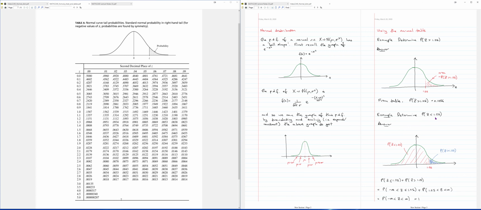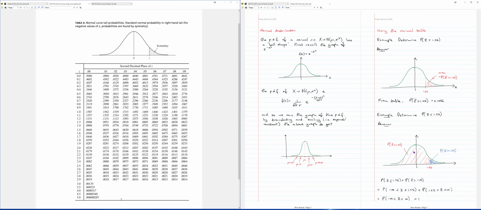You draw your standard bell shape, put your 1.25 in as it is across here, but now that you want z less than 1.25, we're looking at this shaded area to the left.